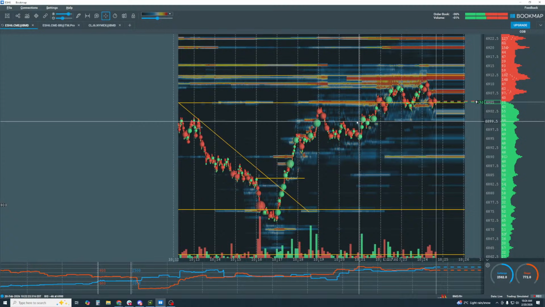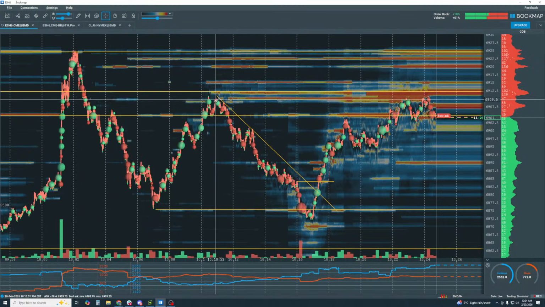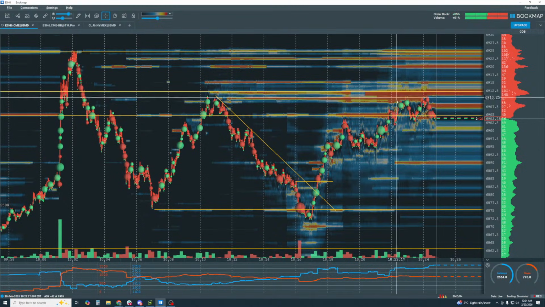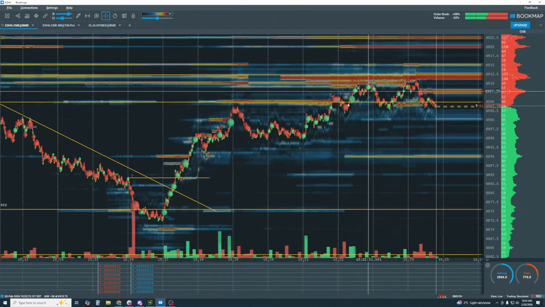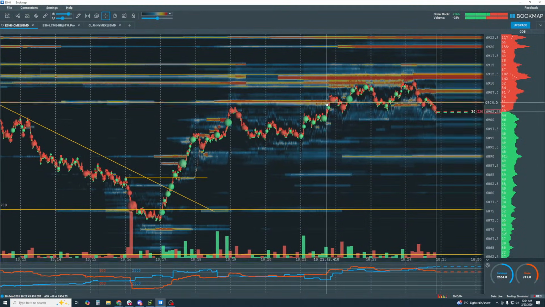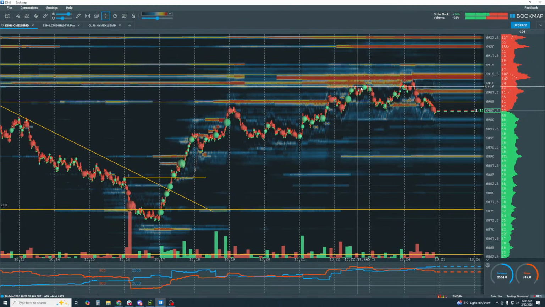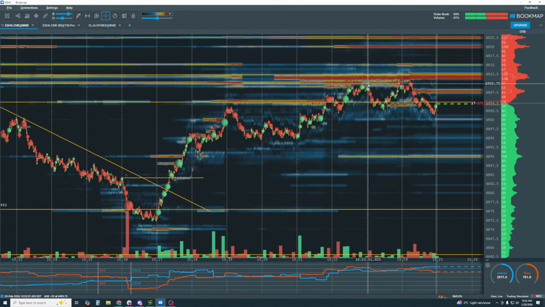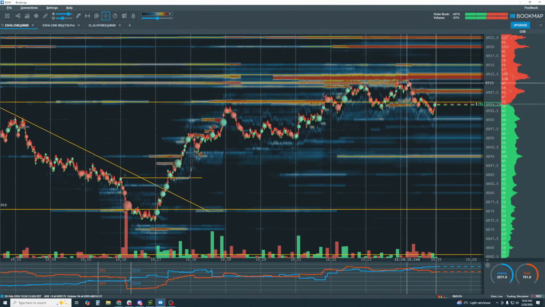Okay, so we're up at this level up here. This swing, and we have high liquidity here. We've traded up into that level. There's some absorption here, not much absorption here, not too much here either, but I don't see a lot of aggressive buyers as well, right?